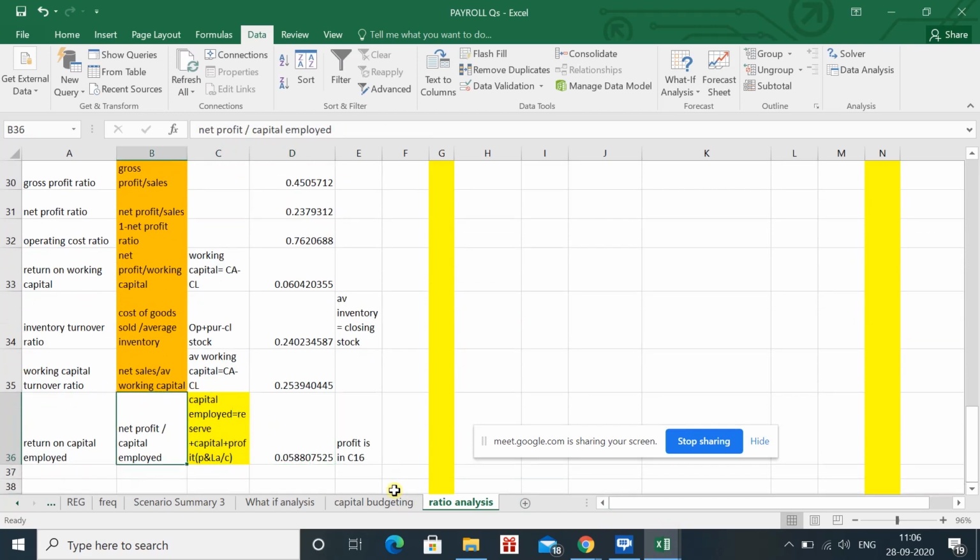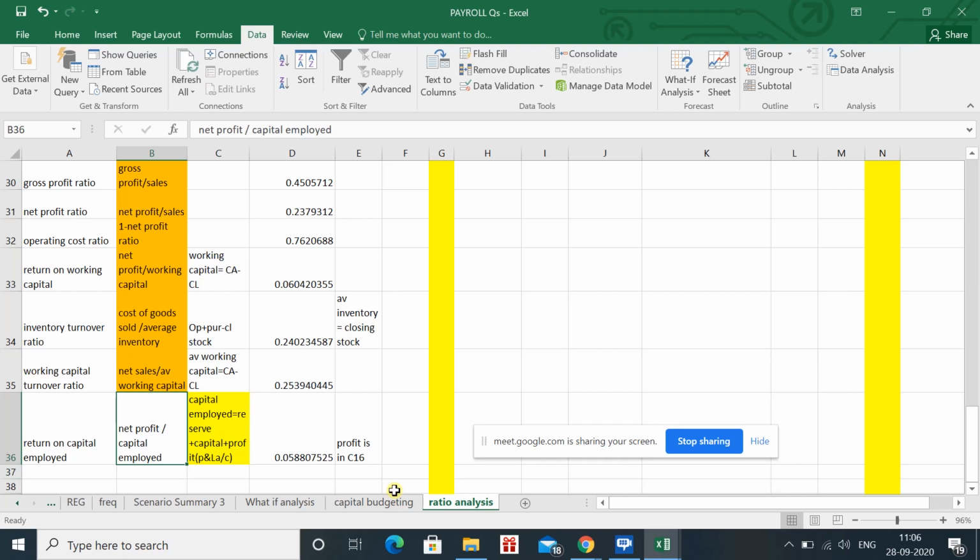Now we are moving to the last formula, return on capital employed. Net profit divided by capital employed. Capital employed is, as we have already discussed, reserve and surplus, capital, and the profit which we have transferred to the balance sheet.